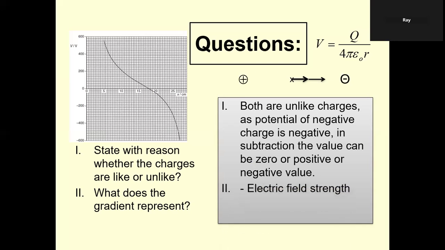Good. Minus electric field. That's the equation. Minus electric field. Unless they want magnitude, either you put negative here, the gradient, or minus here. Since they ask you, the gradient is minus electric field.